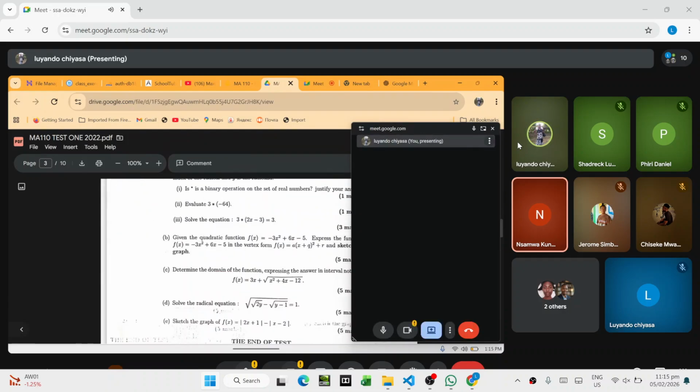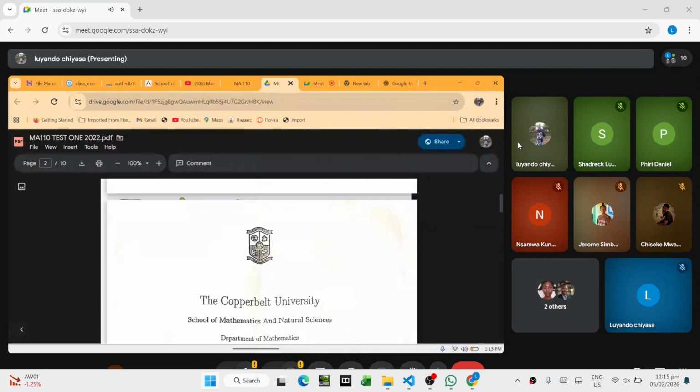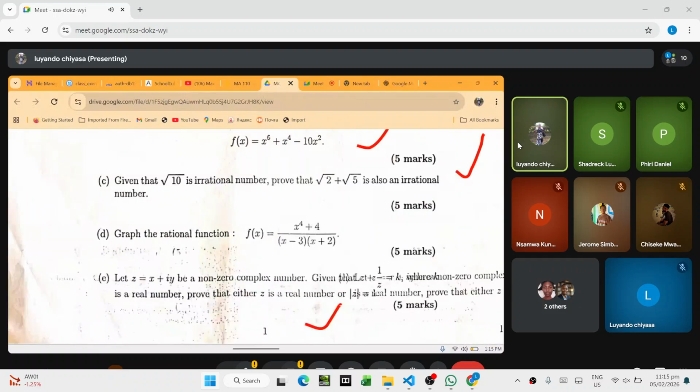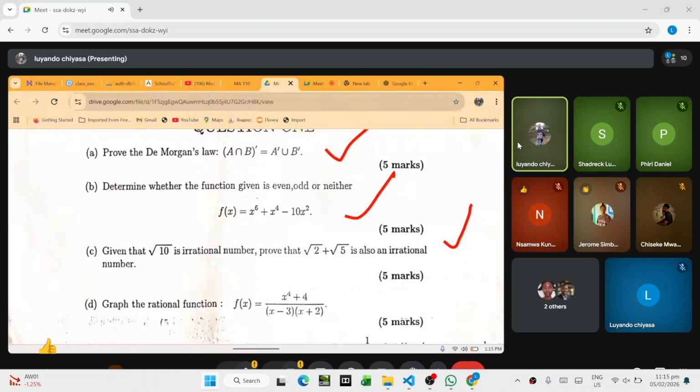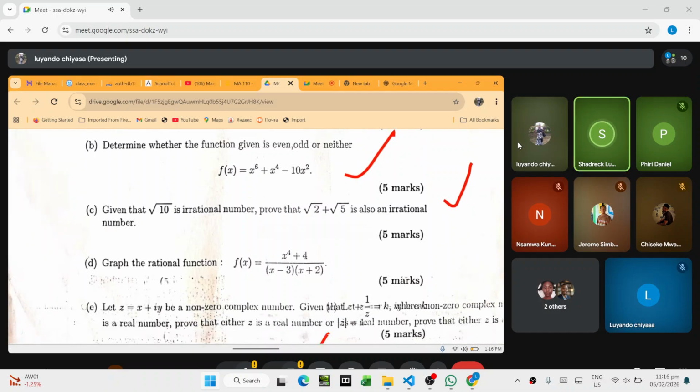What was on question 3? Where's Daniel? Where is Shadrach? We got to this one. Yes, we can graph.